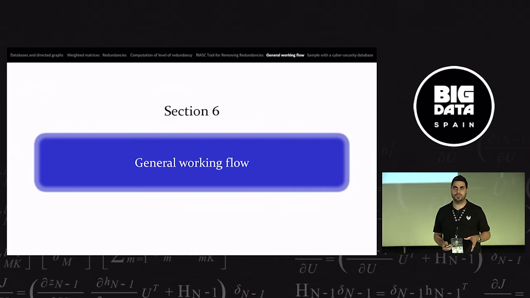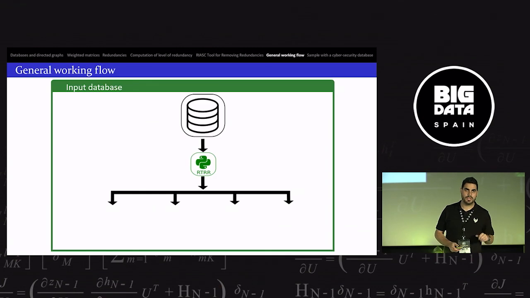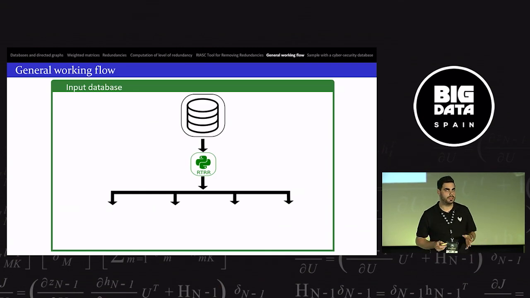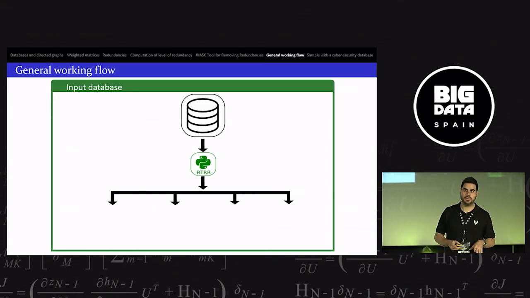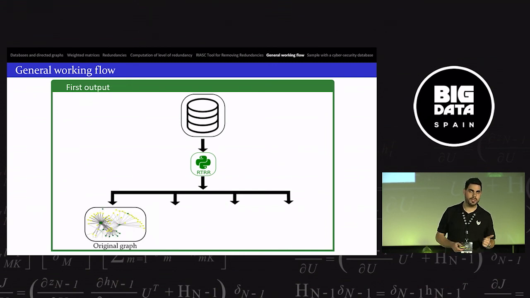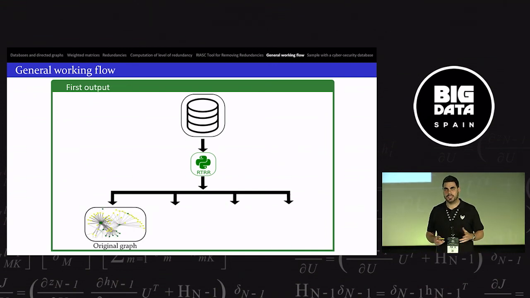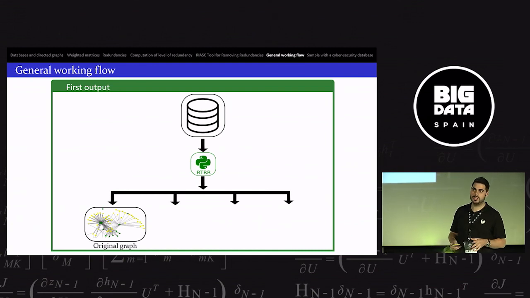Attending to the general working flow of our application, we always start with an input database that we introduce in the tool in order to process it. When the process has finished, we always obtain 4 outputs. The first one is the graph of that initial database.